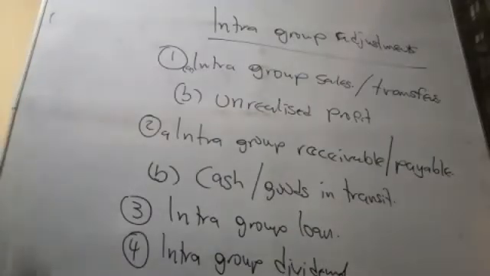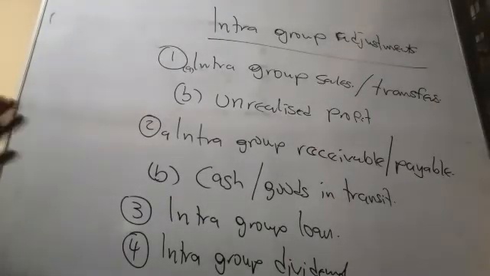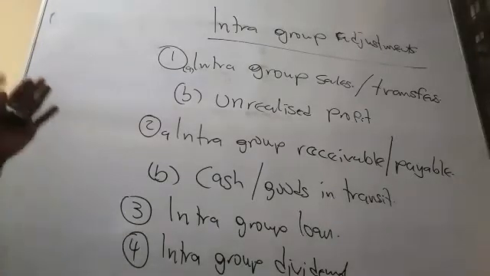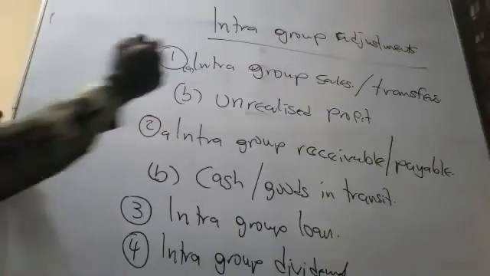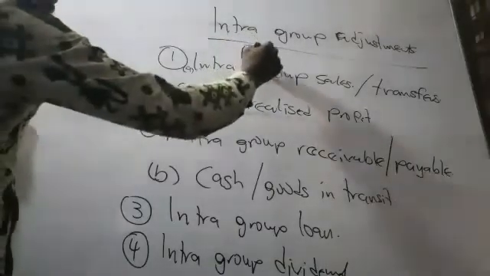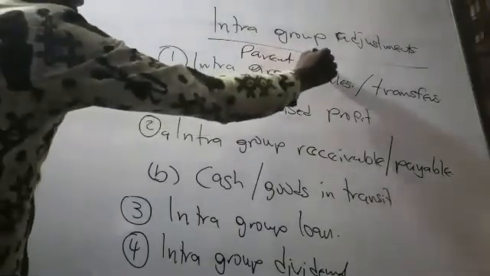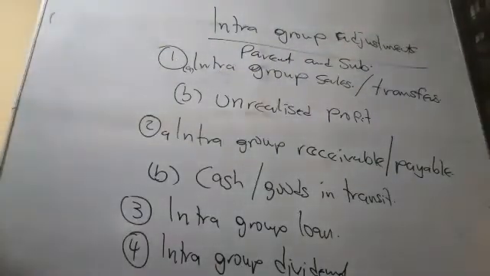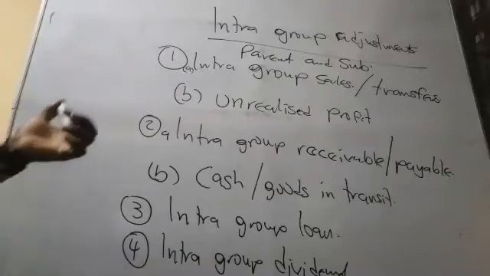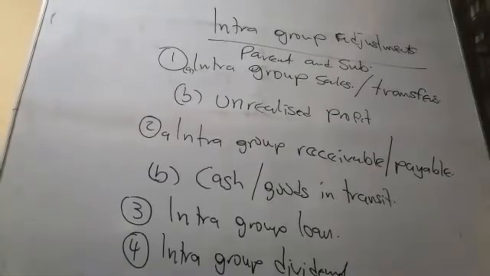That one we are not going to call intra-group because there is no control. So we will look at this first, and when we are done, look at associates.